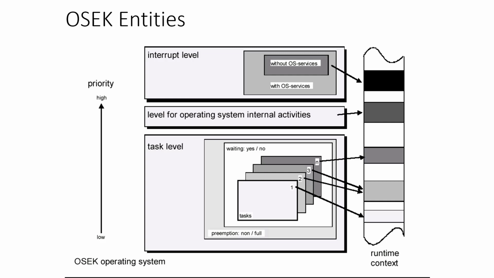So if we take a look at the different OSEK entities, let's start with the highest priority, which is at the level of interrupts. We can have different kinds of interrupts, some that are bundled along with OS services, some that are not bundled.